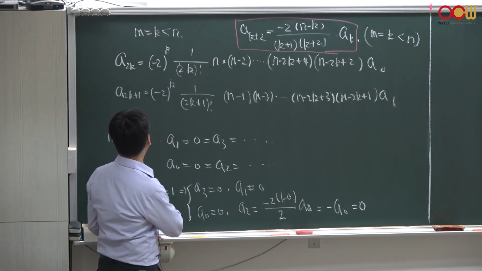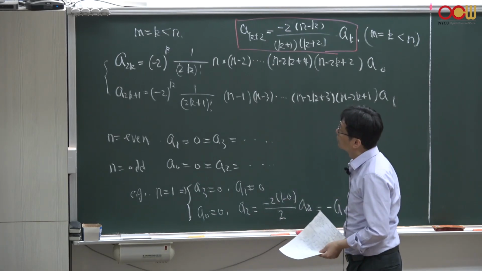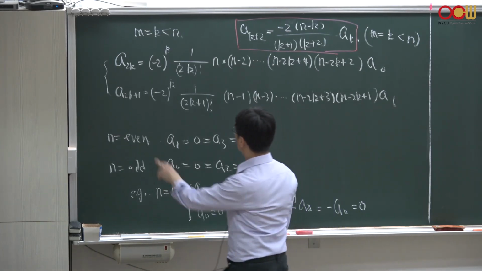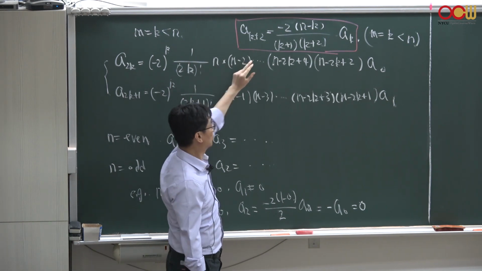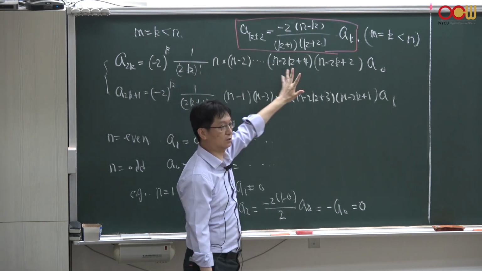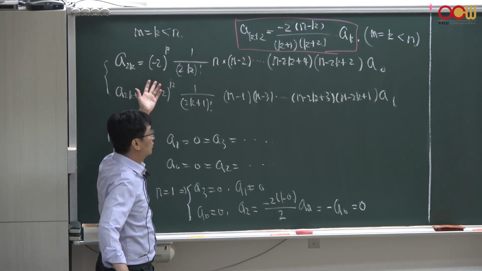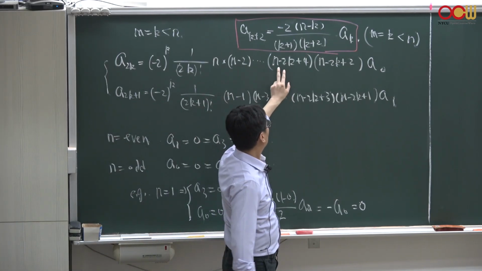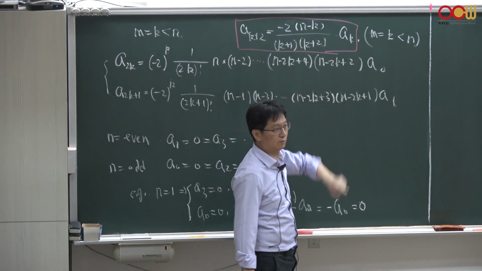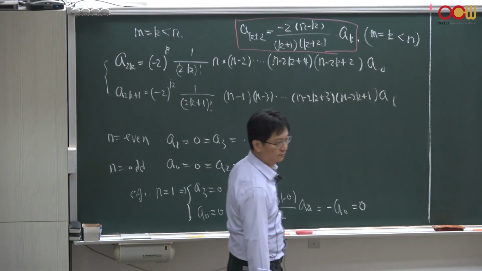For even parity terms, this A2k coefficient can be derived by this recursive relation as the product of all these coefficients, say from A2k minus 2 to A2k minus 4 and so on, all the way to the very last prefactor, and finally you get A0.